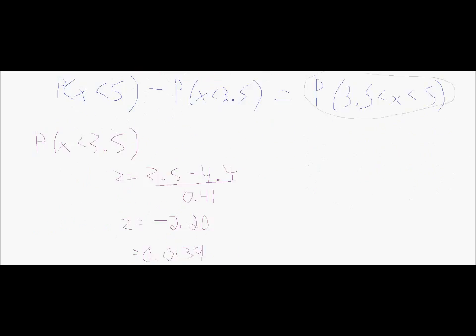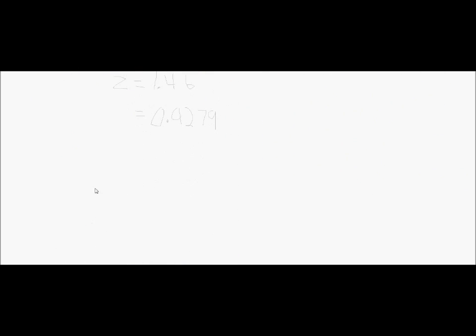If you look back up at the top, we're trying to find this. So to find that, we take our answers and subtract them from each other. So we get our 0.9279 and we subtract off our 0.0139, which gives us an answer of 0.914.